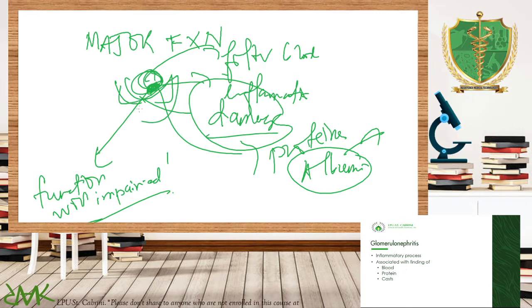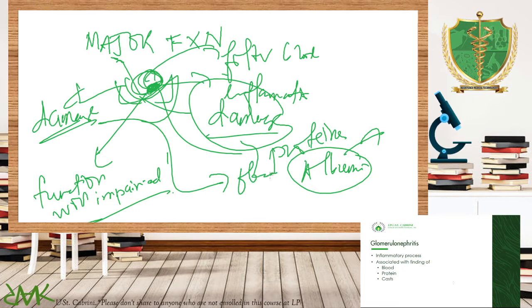Why? Because the basement membrane has been damaged. There's a problem in the basement membrane, which affects the shield of negativity. I hope you can still follow. And since there is damage, there is a wound, there is bleeding. And if there is bleeding, then it is associated with what we call blood in urine, or what we refer to as hematuria.